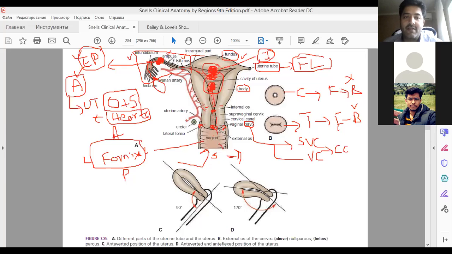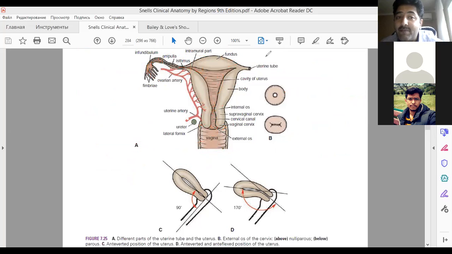Okay, so please remember, if this implantation occurs abnormally here in the uterine tubes or into the fallopian tubes, it is known as ectopic pregnancy. And why is it important? Please remember, if ectopic pregnancy occurs here and if it bursts, the fallopian tubes are not covered by the peritoneum.